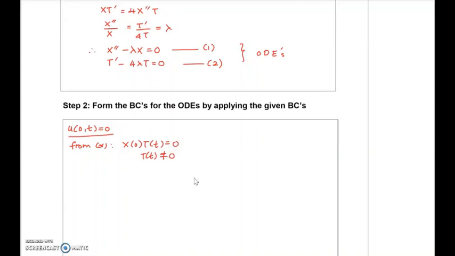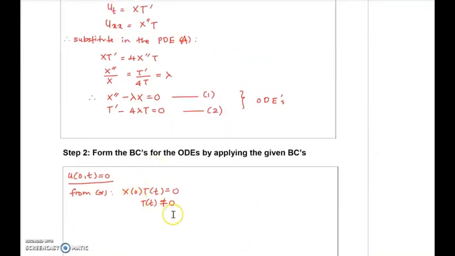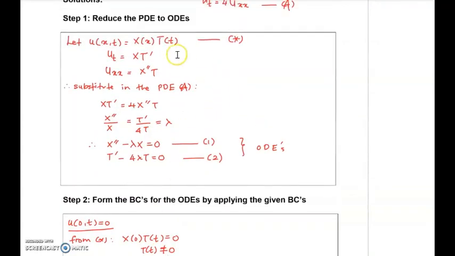Why do you think T(t) cannot be 0? If T is 0, the whole thing is going to be 0, because we have 0 times X, so everything will be 0.